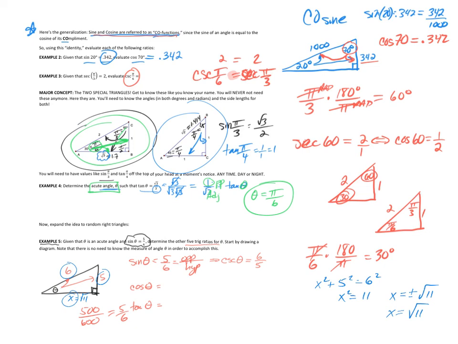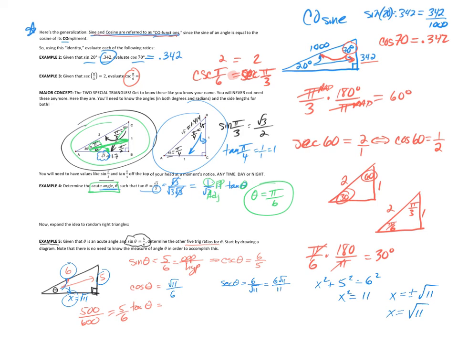The cosine would be the adjacent, which is root 11, over the hypotenuse, which is 6. And that means the secant is its reciprocal, which is 6 over root 11, which would be the same as 6 root 11 over 11 if we rationalized the denominator.